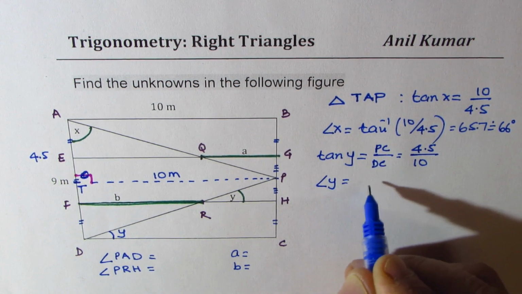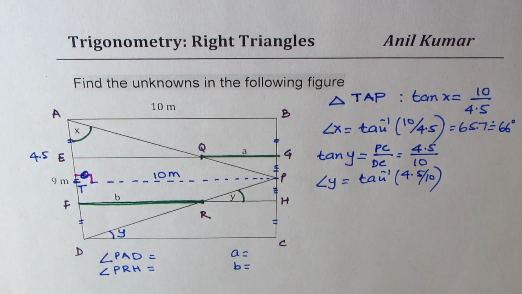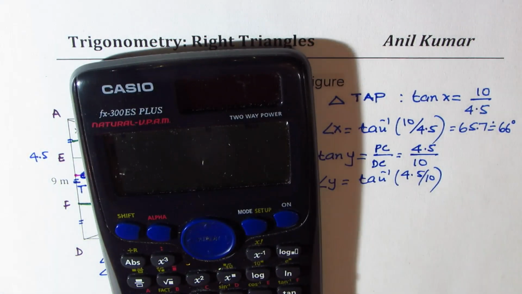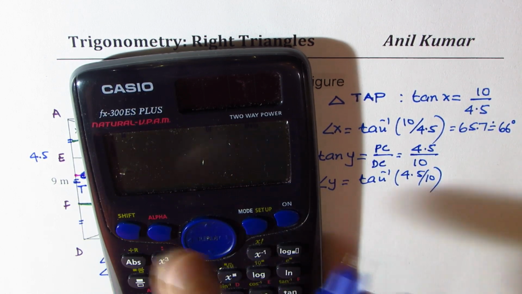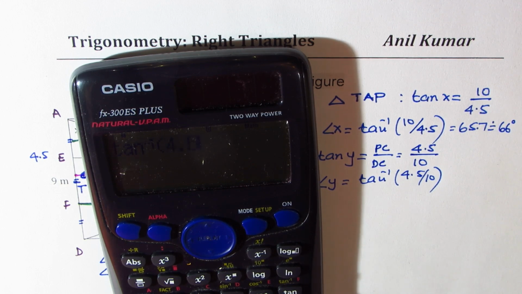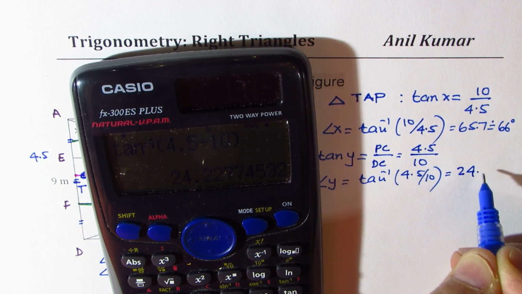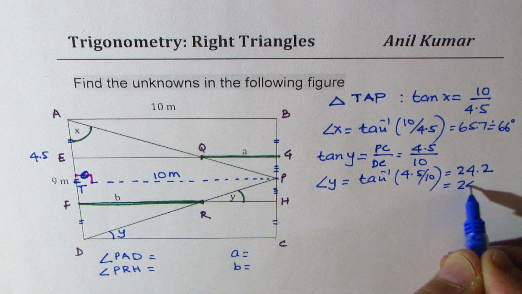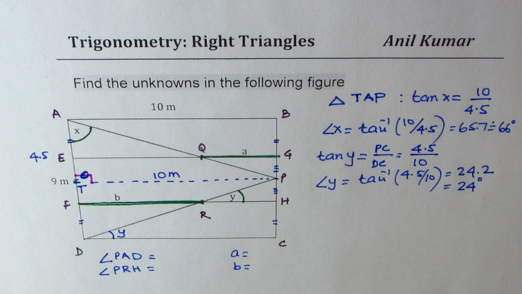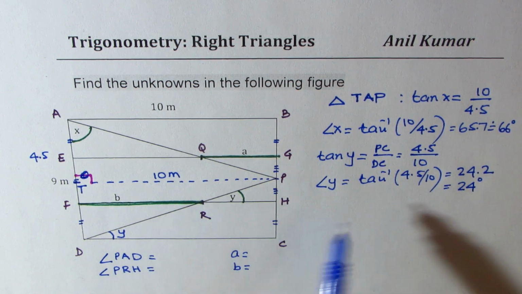So angle Y is equal to tan inverse of 4.5 over 10. Let's find this. Shift tan inverse of 4.5 divided by 10 equals. We get an angle of 24.2, which we can round to 24 degrees, right? So that gives us approximately 24 degrees. Correct? So you can see their sum is 90 degrees as expected.